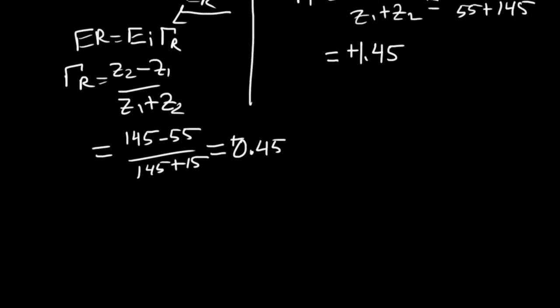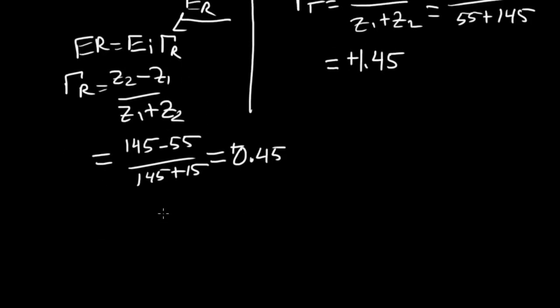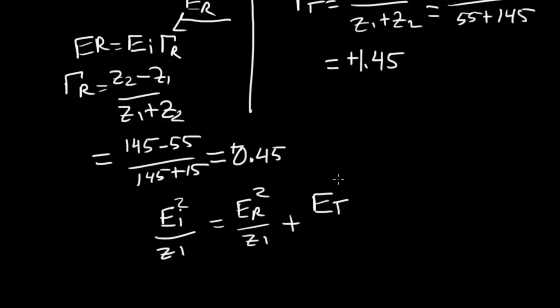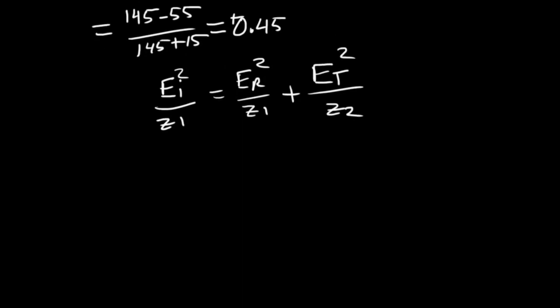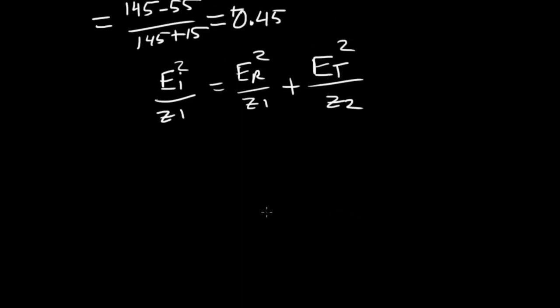Okay, conservation of energy, does it hold? Well, we know that E_I squared over Z1 should equal E_R squared over Z1 plus E_T squared over Z2. Let's plug our quantities in.